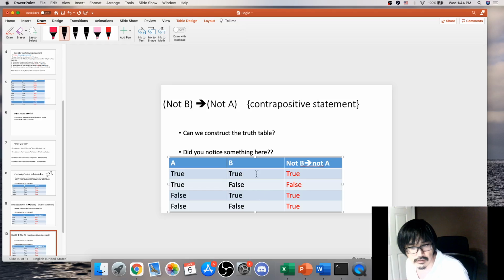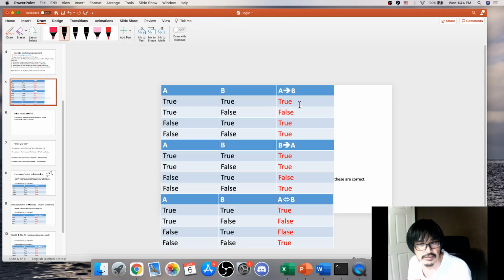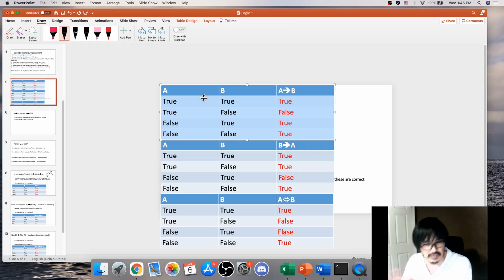And then there's nothing to prove here, right? So for this particular case, it's true, false, true, true. Where is the equivalent statement? True, false, true, true. It's the same as this one. So A implies B literally means it's the same thing as not B implies not A.